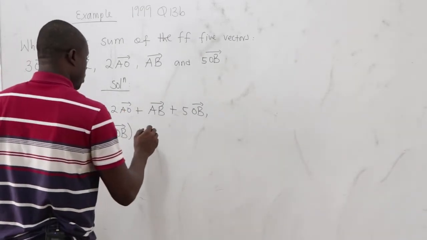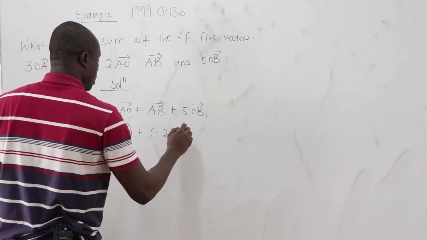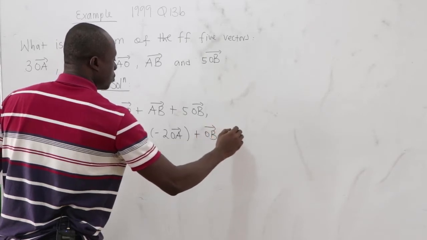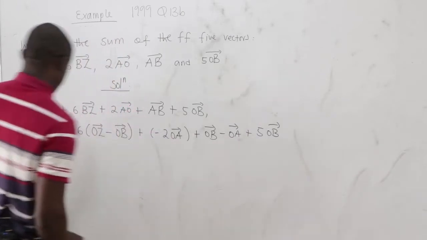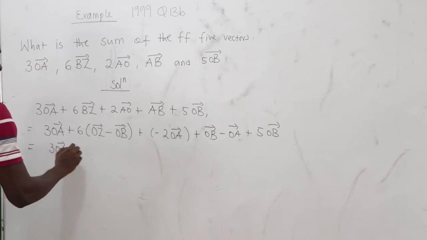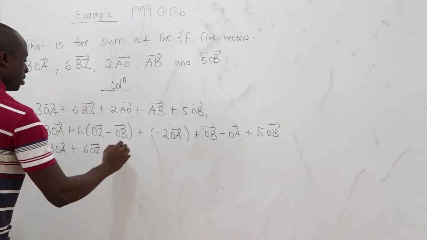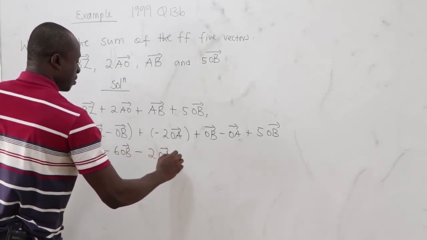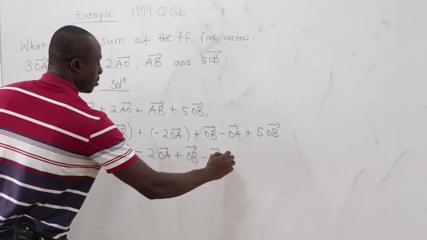So here we have negative 2OA plus OB minus OA plus 5OB. Now simplifying, so we have 3OA plus 6OZ minus 6OB. Now this will give minus 2OA plus OB minus OA plus 5OB.